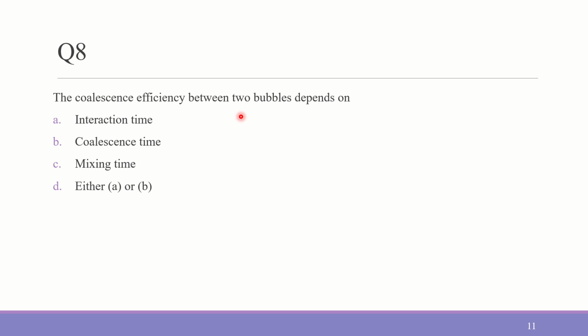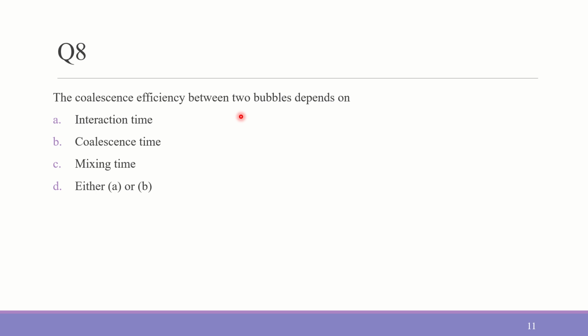Actually, I messed up the statement. If the interaction time is greater than the coalescence time, coalescence occurs. So if the coalescence time is 2 seconds and the interaction time is 3 seconds, then the bubbles have interacted for quite a long time, longer than what is required for coalescence. So we say that coalescence occurred.